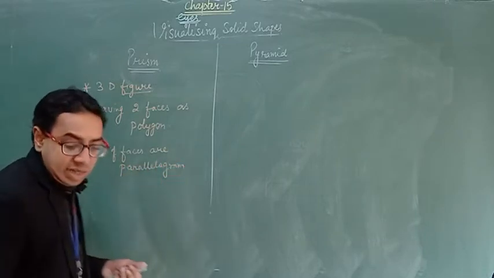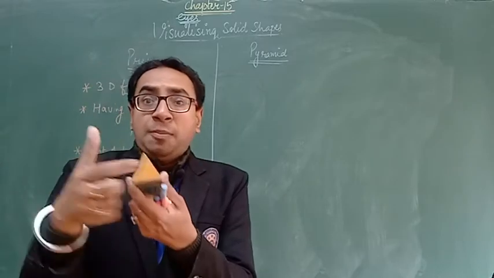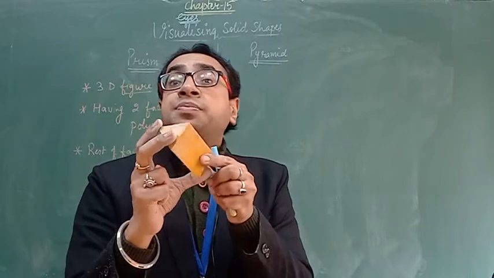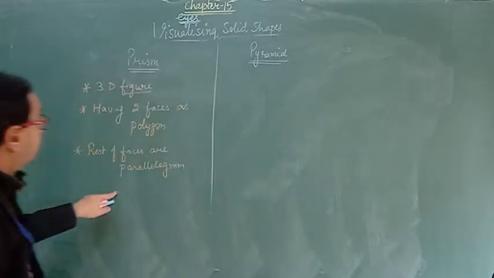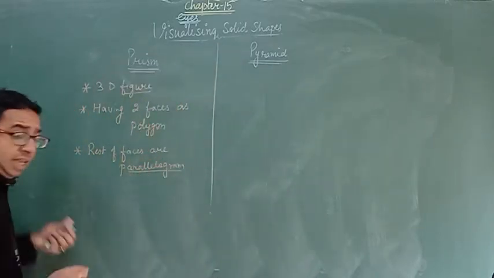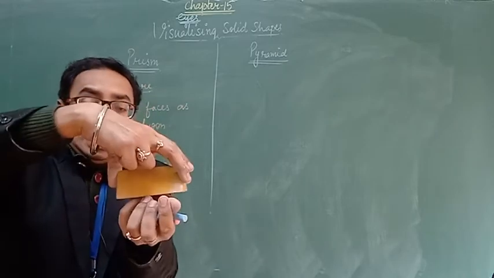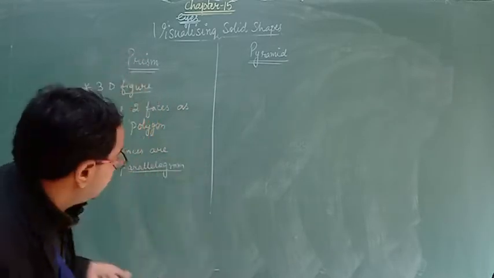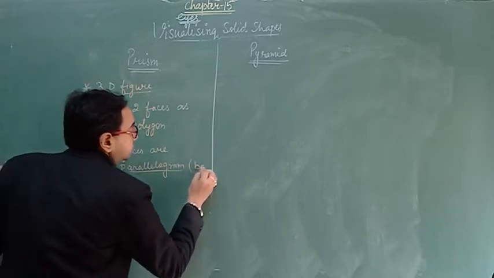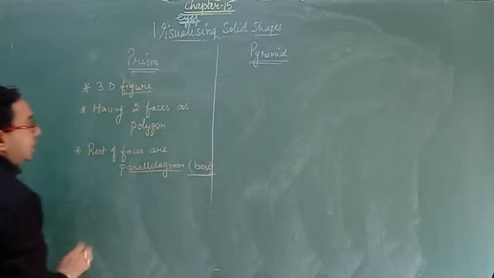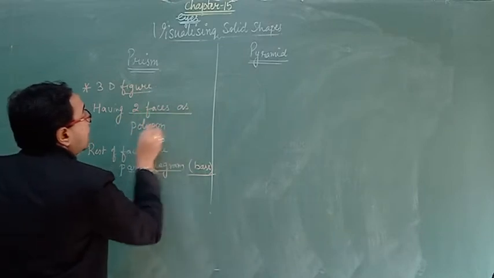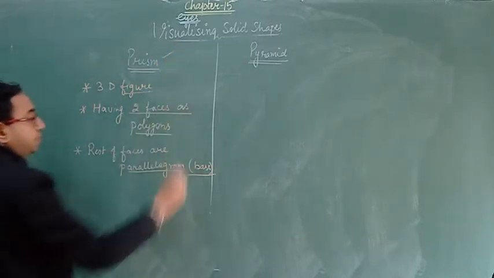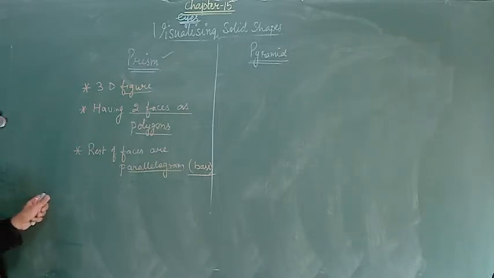If I talk about prism, the two faces are polygons, but the rest of the faces are parallelograms. Hence, if I put the prism like this, the base is parallelogram in shape. So, a 3D figure with two faces as polygons and the rest parallelograms is known as prism.